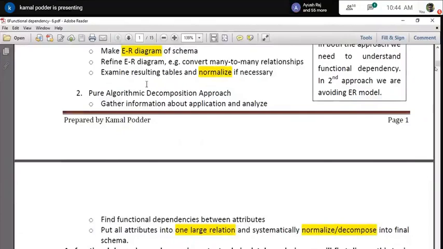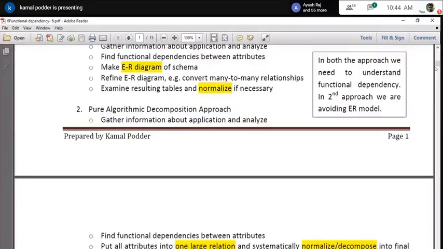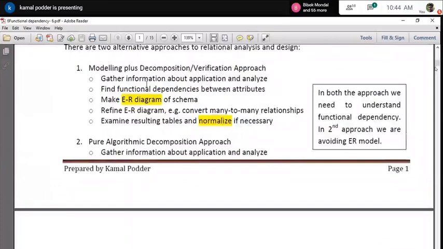If it is a big table and there is a chance of anomaly while doing update, insert or delete operations, then you have to decompose, that means divide the table into two or more tables.